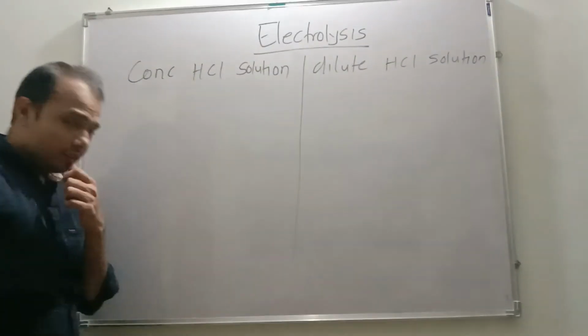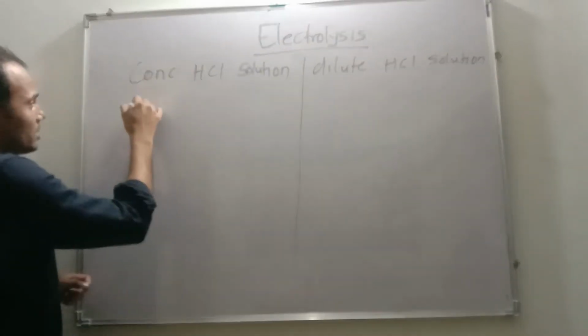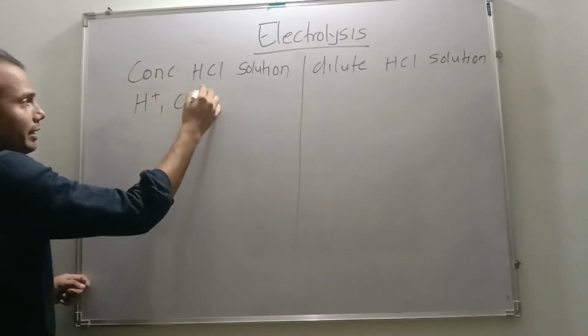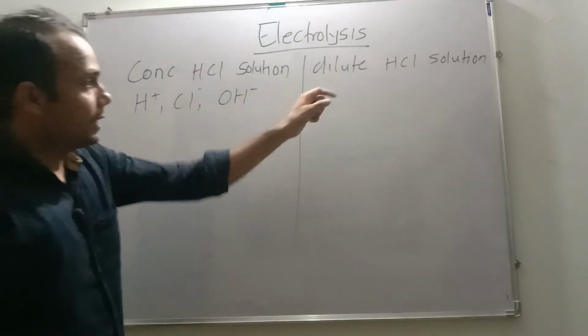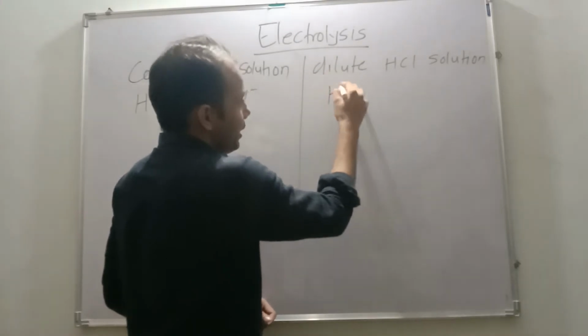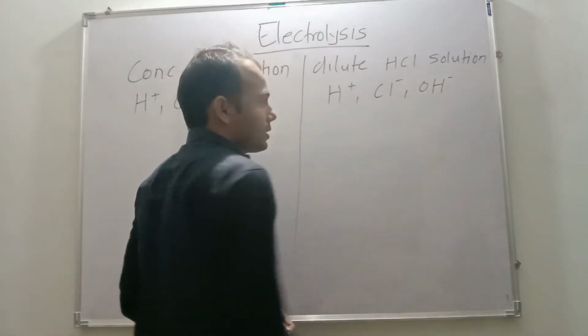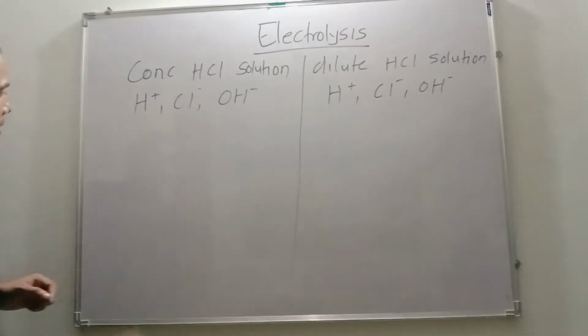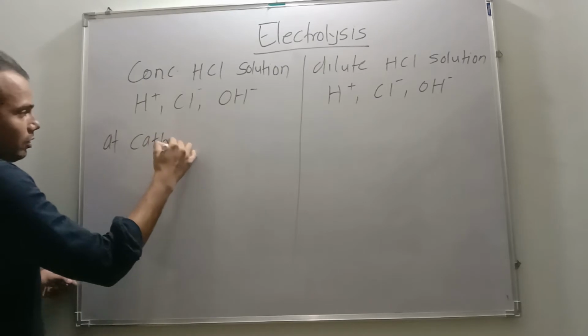So what are the ions present in concentrated HCl solution? One is H plus, Cl minus and OH minus. In dilute HCl we have again H plus, Cl minus and OH minus. So what is going to happen at cathode? Very simple.